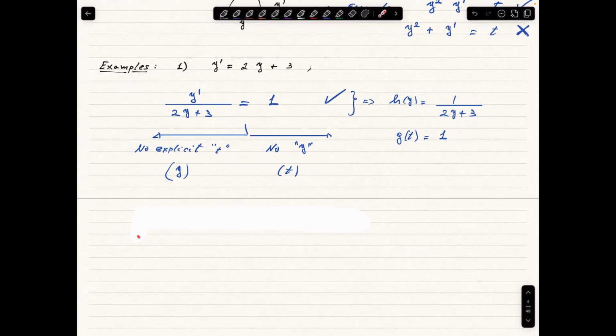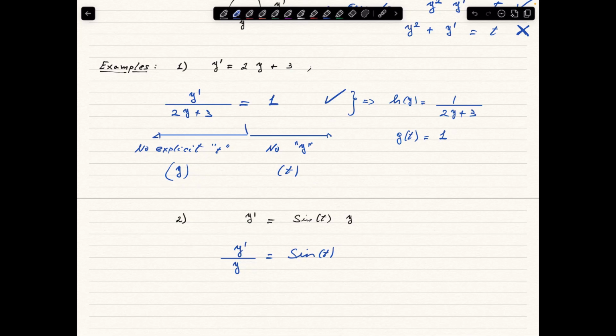Another example is this equation here. Again, this equation is written in normal form, and it's very easy to make it separable just by dividing by y. We keep the t on this side, so then we have y prime over y equals sine of t. And you see here we have no explicit t on this side, which is good.